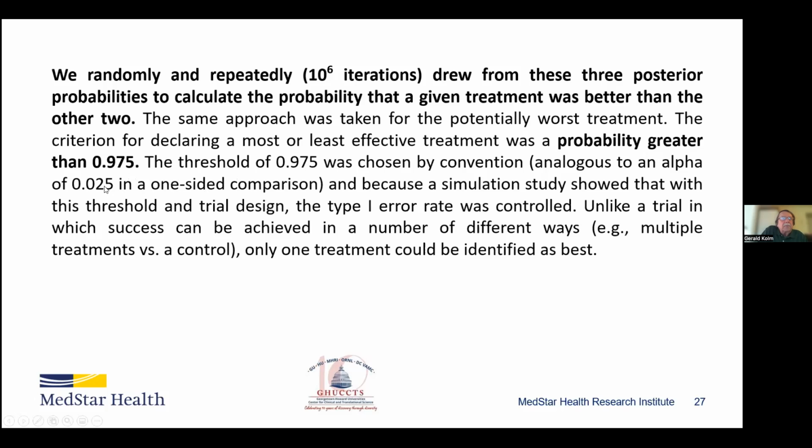So we're at 2.5% of the area under the curve on one side of the distribution. In this case, it'll be the left side. And so they just go into how they came up with this, and they set this up so that only one treatment could be identified as the best in comparison to the other 2.